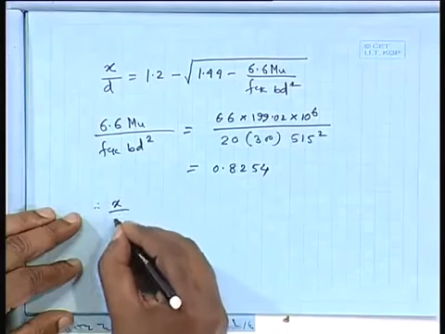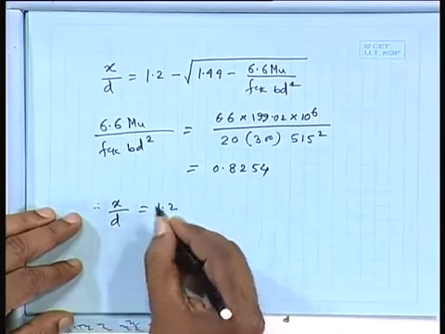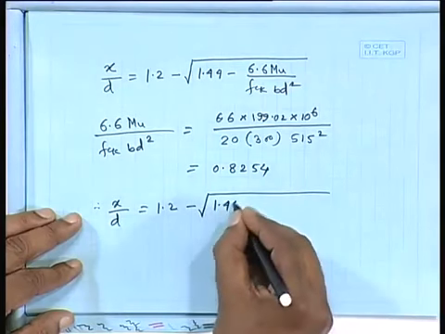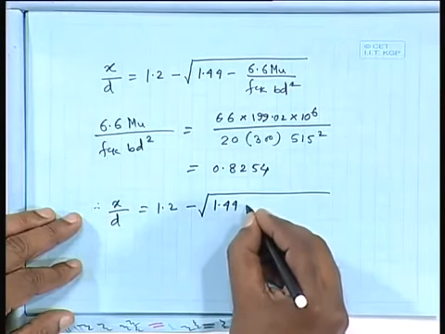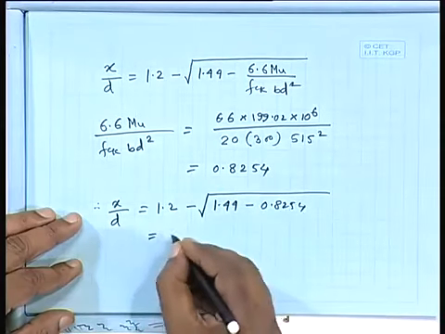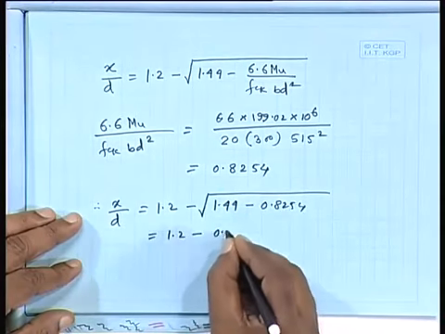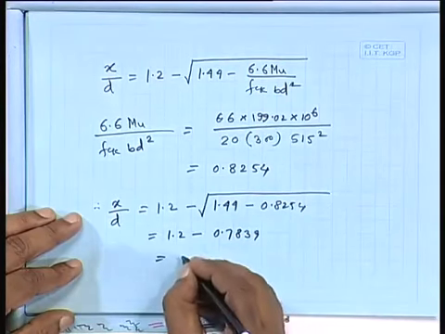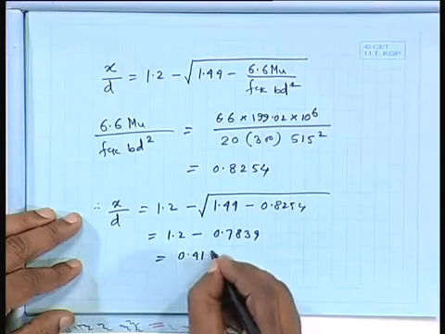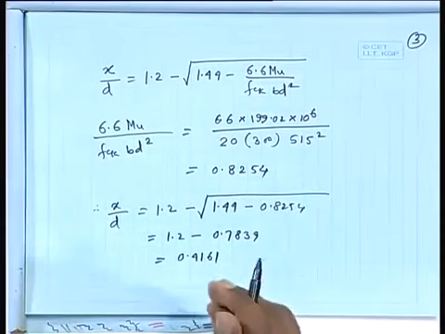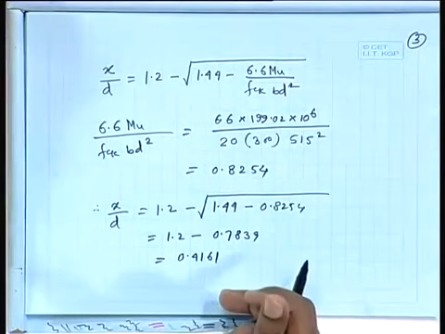So x by d equal to 1.2 minus root over 1.44 minus 0.8254, equal to 1.2 minus 0.7839 equals 0.4161. So x by d we have computed as 0.4161.